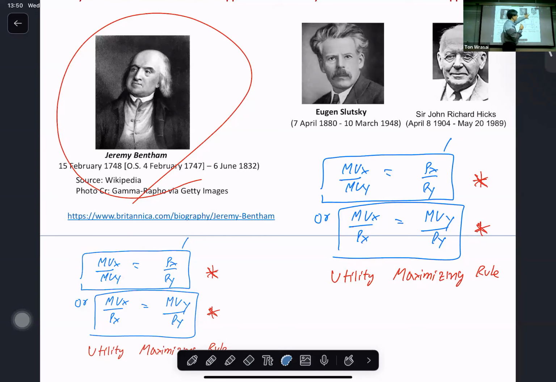We only require that when we want to study a person's behavior, this person must be able to rank the baskets. That's enough. But at the end, we use IC, we use the budget line. Oh, those look like different tools. At the end, we come up with the same thing that Jeremy Bentham discovered.